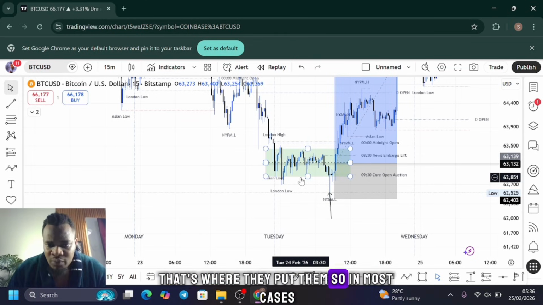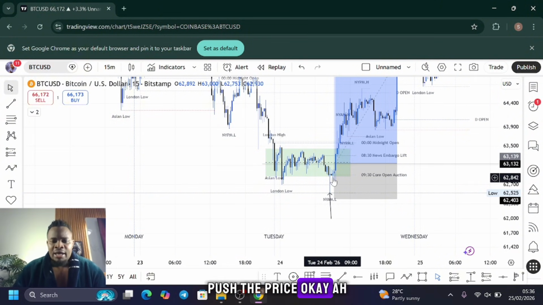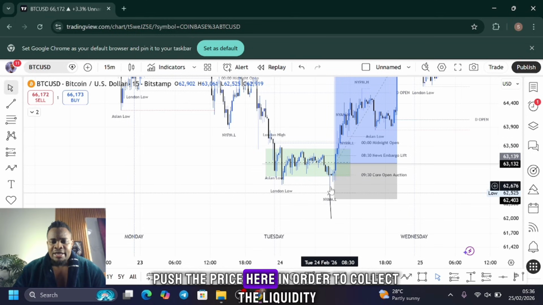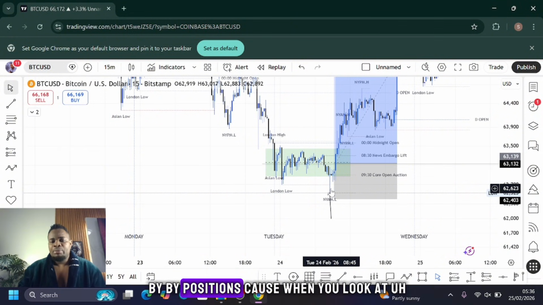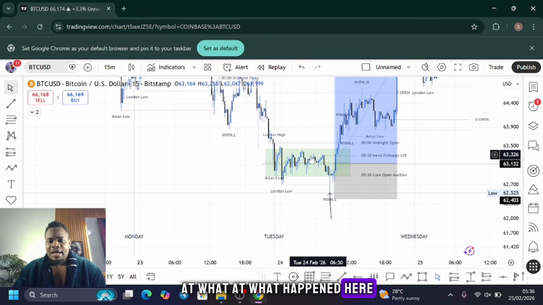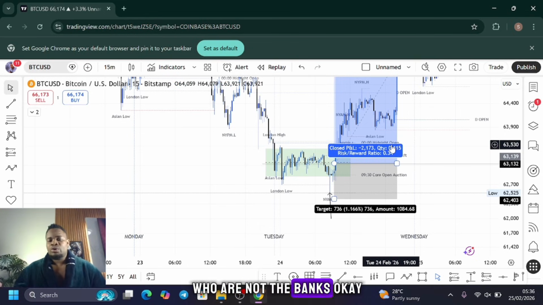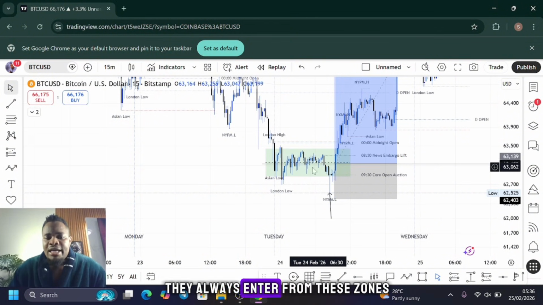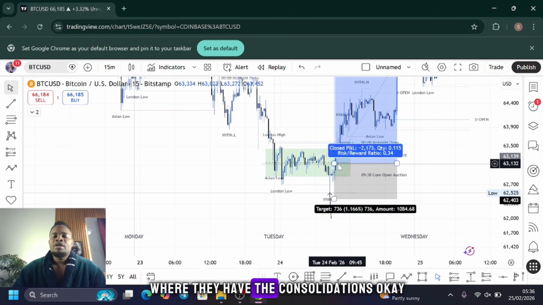So in most cases, institutions push the price here in order to collect the liquidity and accumulate buy positions. Retail traders, people who are not the banks, always enter from these zones where they have the accumulations, the consolidations.